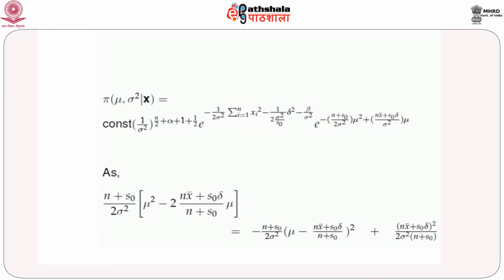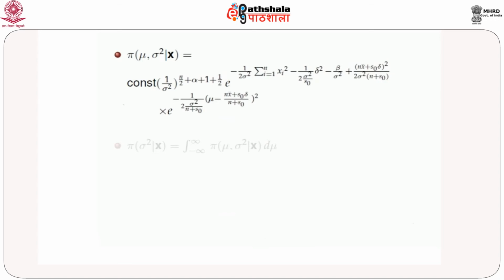We note from the exponent of the latter part that (n plus S naught) by 2 sigma square, within brackets, mu square minus 2 times (n x bar plus S naught delta) over (n plus S naught) mu can be written in the form of a square and some quantity, that is, (n x bar plus S naught delta) whole square by 2 sigma square (n plus S naught).